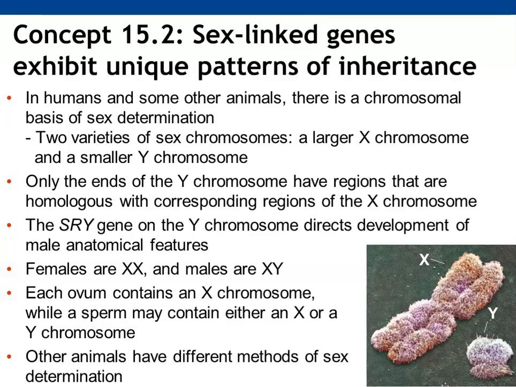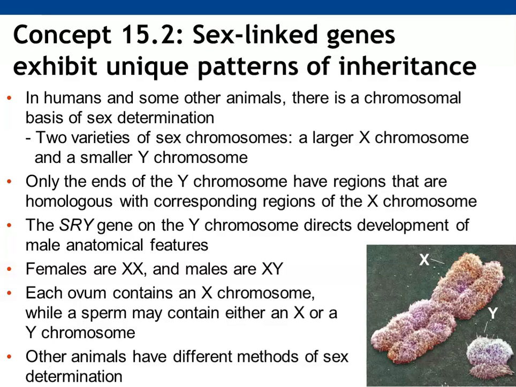The majority of the genes that are coded for on the Y chromosome are going to be dealing with male anatomical features. One example would be the SRY gene. Females get 2 copies of the X chromosome.